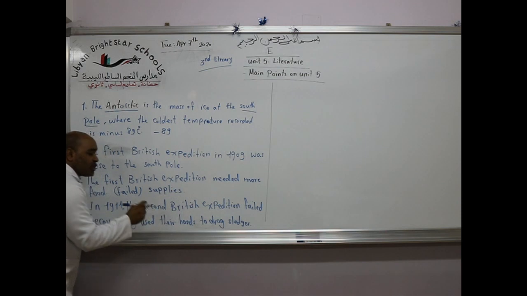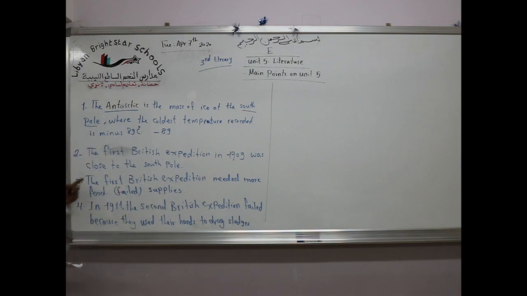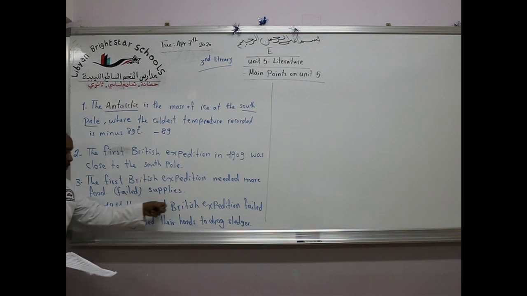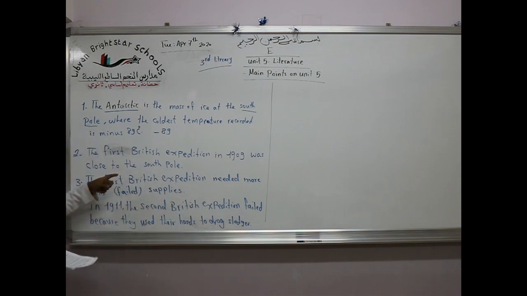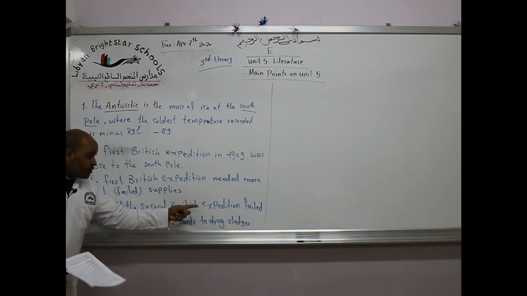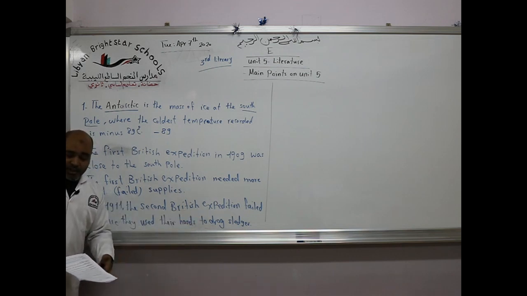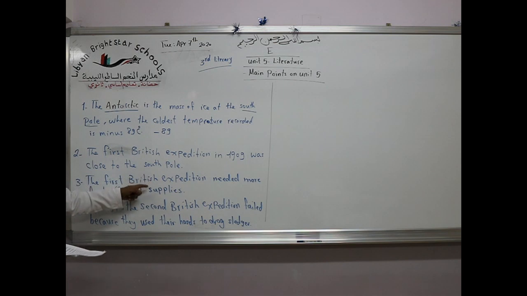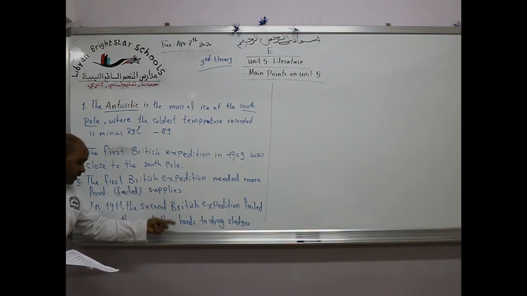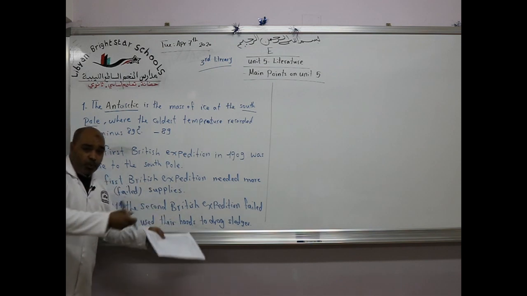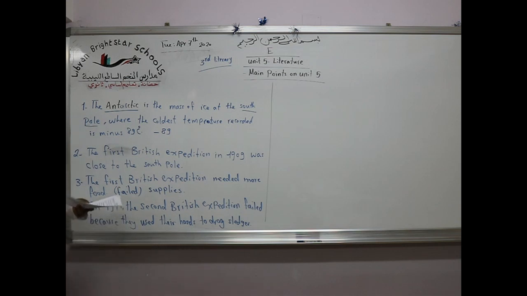They had a problem: they did not have enough supplies to continue. In the second one, in 1911, the second British expedition failed because they used their hands to drag sledges.